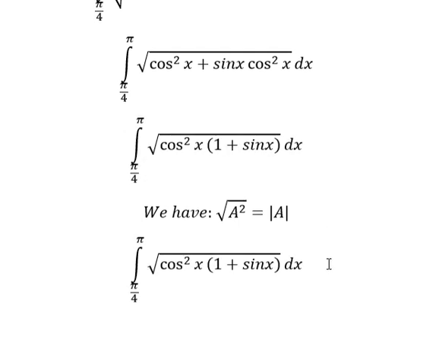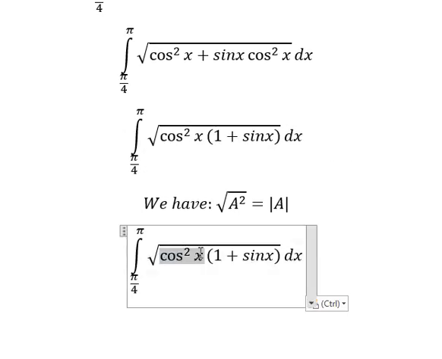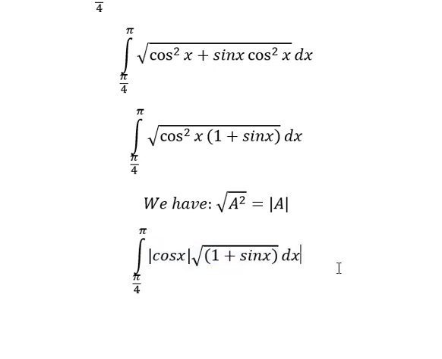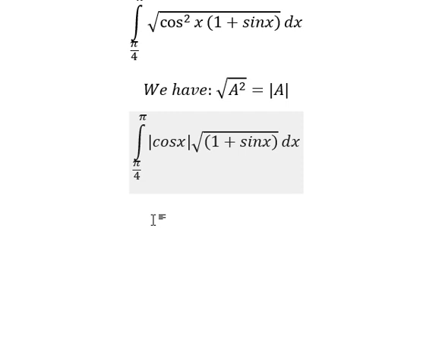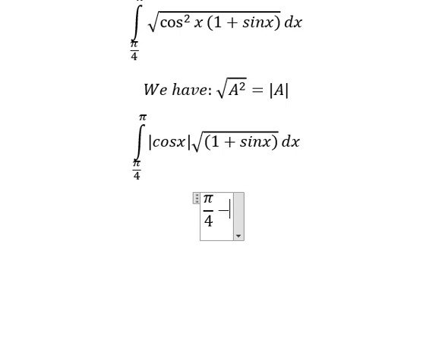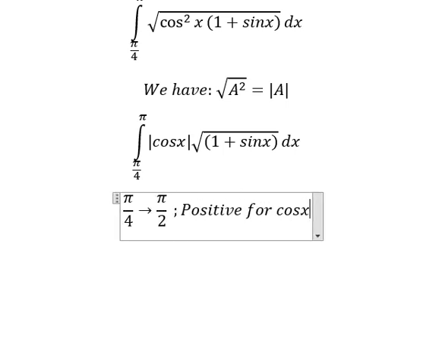So we need to transform this one into this one. And now we need to consider the sign of cosine x. So from pi over 4 to pi over 2, that is about positive cosine x.